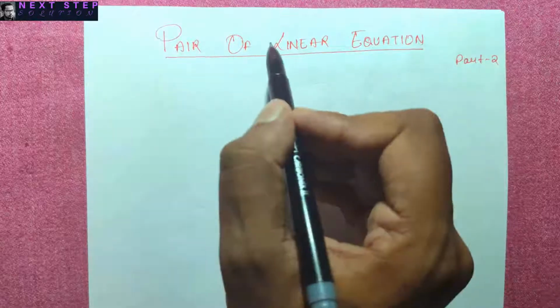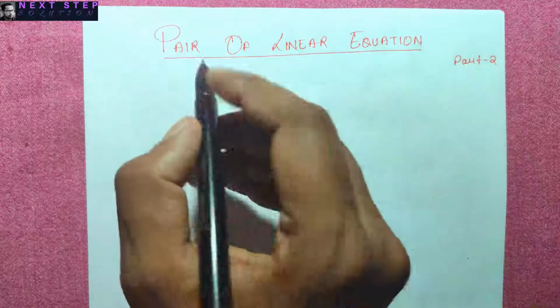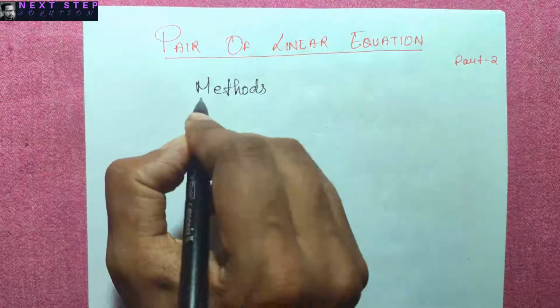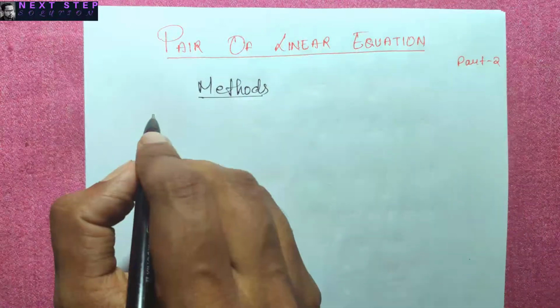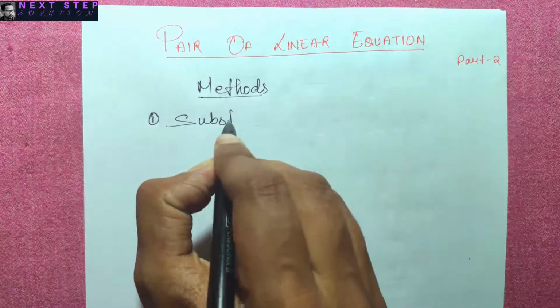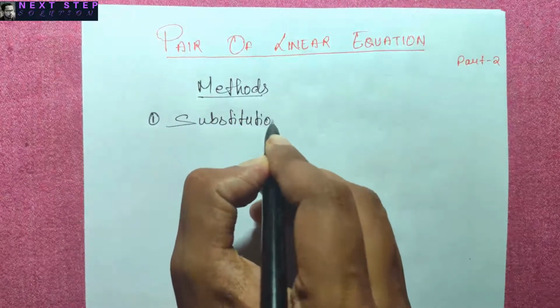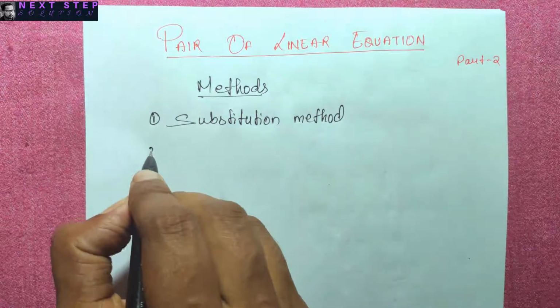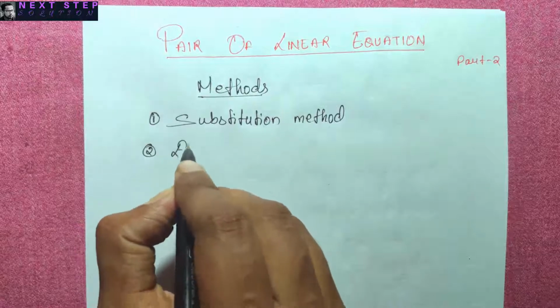Alright, today we are doing pairs of linear equations part 2, and here we will be discussing the methods of solving a pair of linear equations. We have three methods. The first one is the substitution method. Then we have the elimination method.